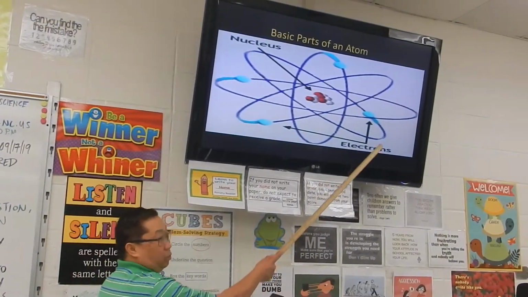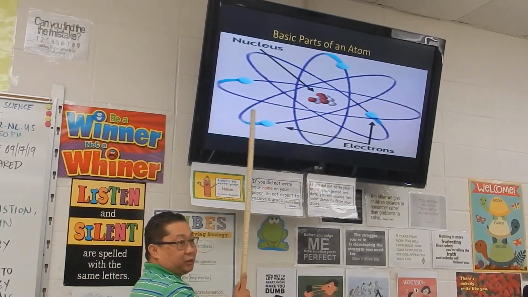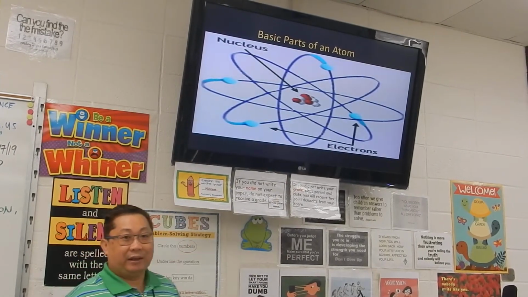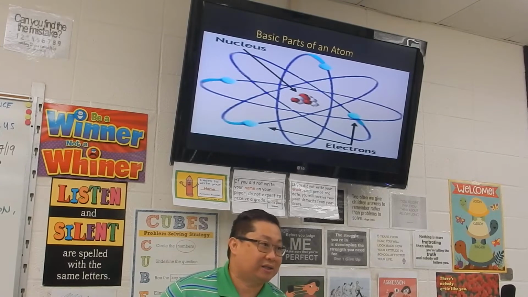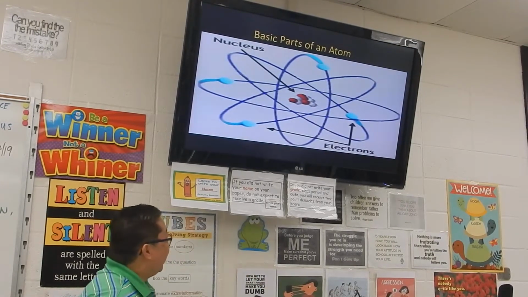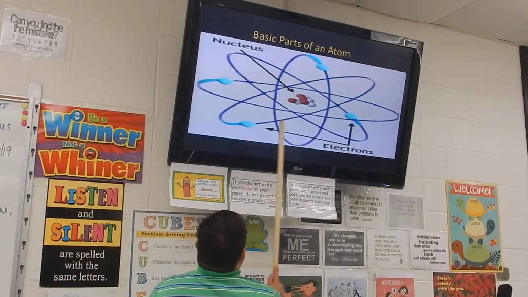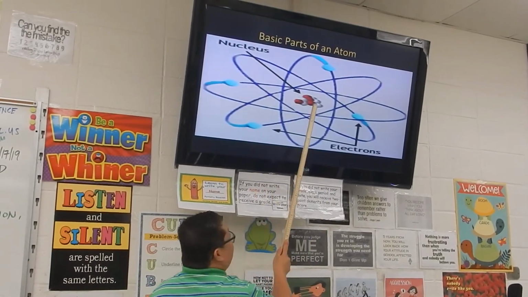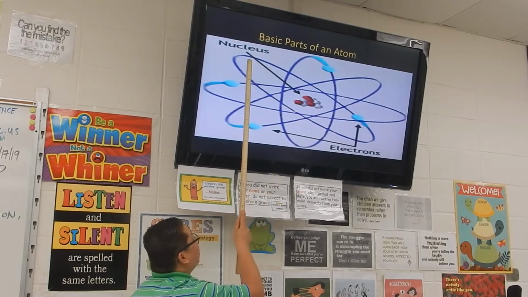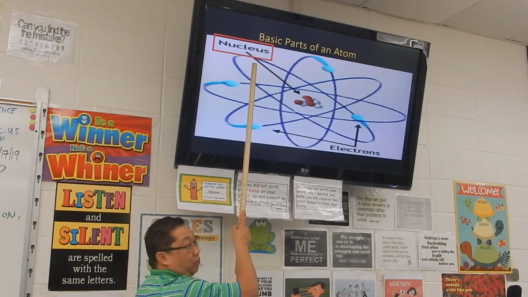Now, with nuclear reactions, it all begins with the atom. And this figure here is very familiar when you watch the cartoon Jimmy Neutron, right? Now, this is the atom right here. The center of the atom contains most of the mass of the atom, and it's called the nucleus.